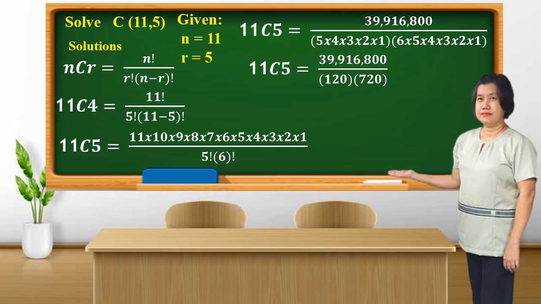And 120 times 720 is 86,400. So 39,916,800 divided by 86,400 is equal to 462.